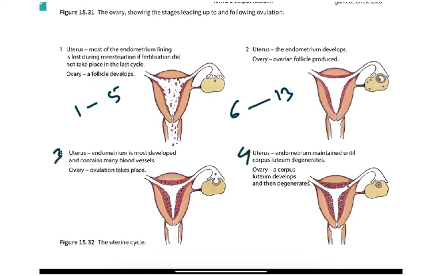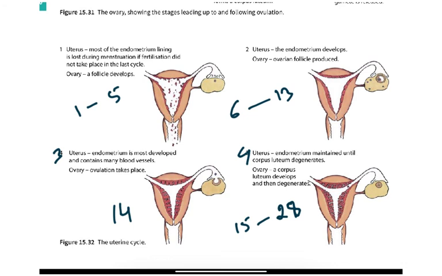The endometrium is most developed, contains many blood vessels, and here is when on day 14 ovulation takes place. And then of course the endometrium is maintained until the corpus luteum degenerates, and then the ovary's corpus luteum develops and then degenerates. So this would be day 15 to day 27 or 28 even.